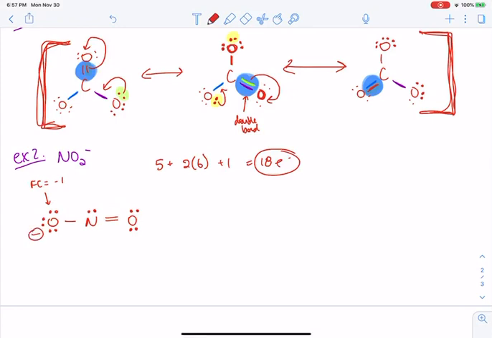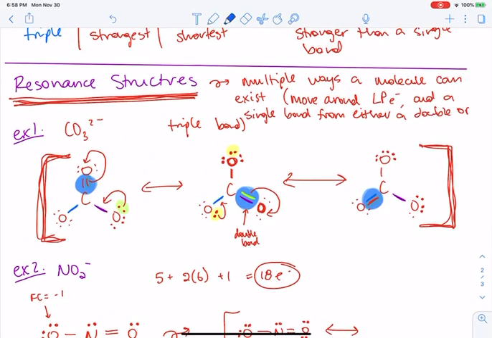Now, I can draw resonance structures for this. So we have our first structure, right? And you symbolize resonance structures with this double barbed arrow, an arrow going both ways. So what can I do? Like I said, when you're doing resonance structures, you're moving around lone pair electrons and a single bond from either a double or triple bond.